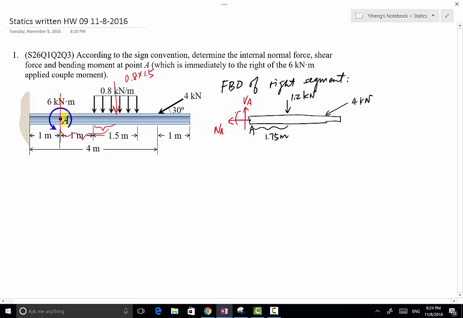And also the bending moment is creating upward bending tendency. So now I have completed my free body diagram, and we're going to write our 3 equations. Basically, we're treating this as a rigid body equilibrium problem and trying to solve for our 3 unknowns.